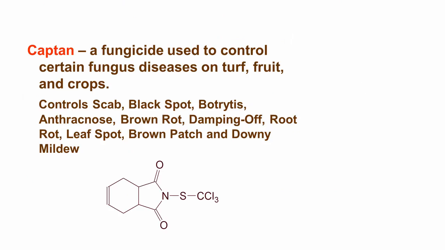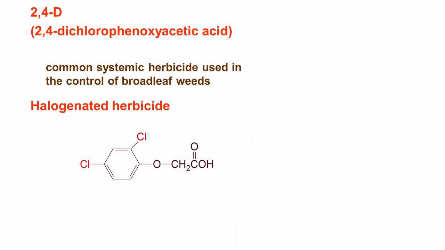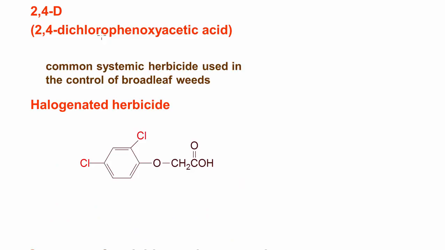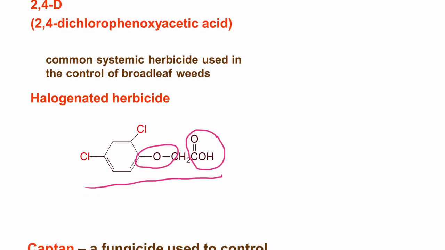A couple of other compounds that contain halogens. Here's one, 2,4-dichlorophenoxyacetic acid. This is an herbicide, so it's used to control weeds. So this is the structure right here. Notice the 2 chlorines. I also see an ether group here and a carboxyl group, and of course the benzene ring.